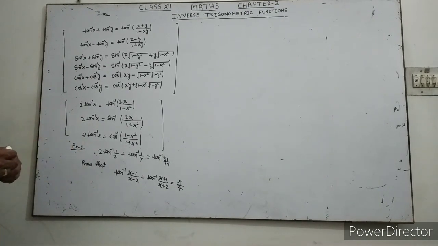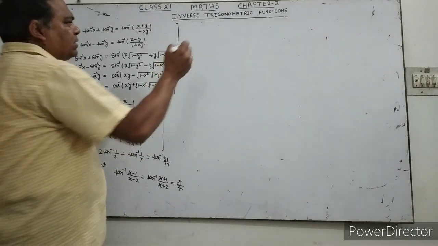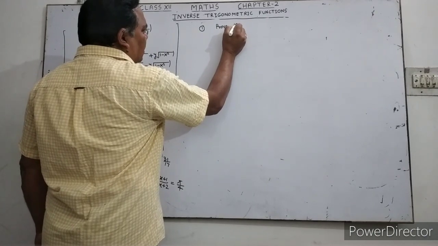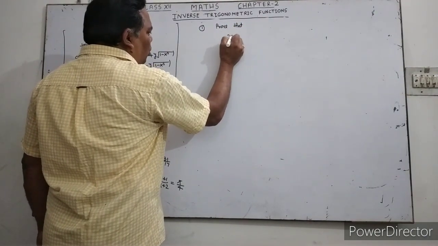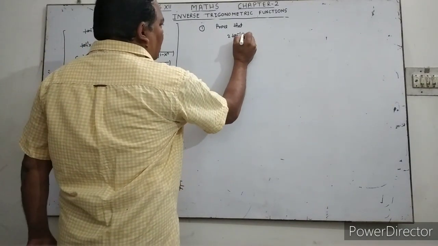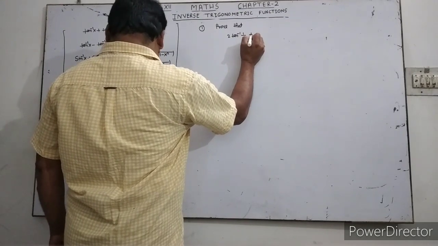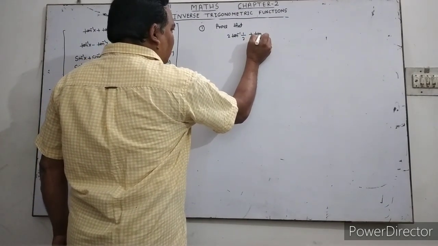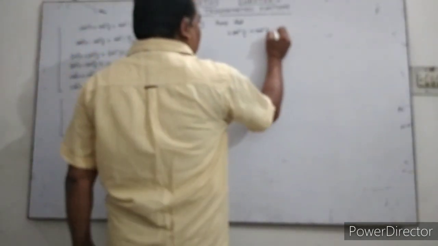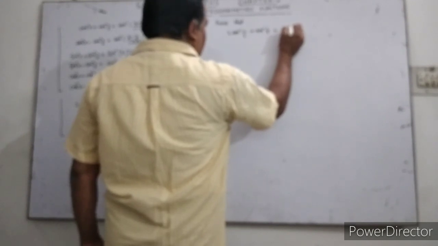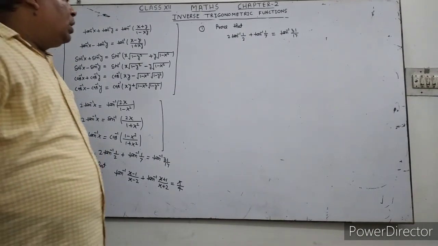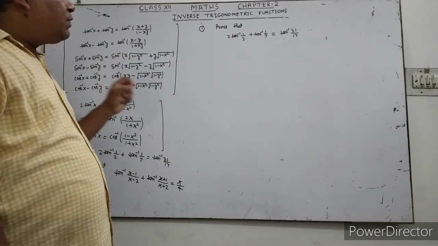First example, prove that 2 tan inverse 1 by 2 plus tan inverse 1 by 7 equals tan inverse 31 by 17. Now, use this formula and prove it.